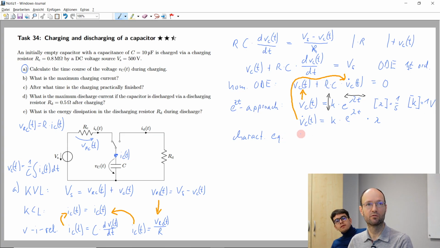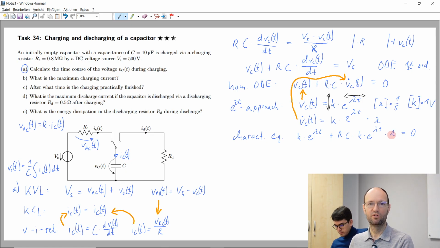If I just insert this at first, it is k times our exponential function plus r times c times the time derivative of the exponential function, which is the exponential function itself, but multiplied with lambda. And on the other side, this is 0. From this equation, we are able to calculate our lambda.